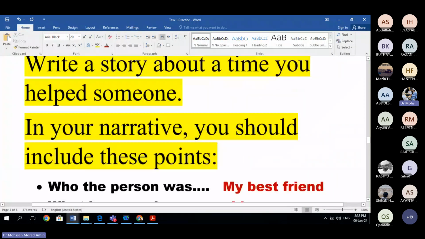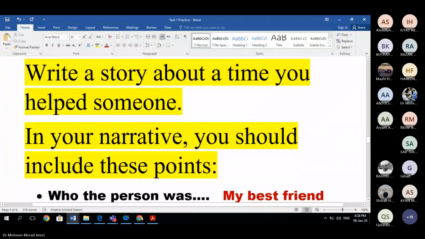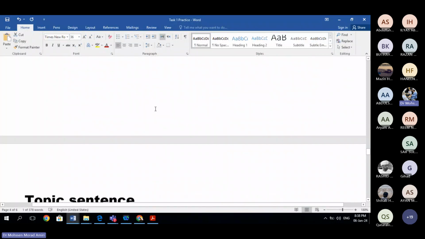So be careful. Don't say that I will write about the story of the time you helped someone. Don't make this mistake. They are asking you, I mean you. So here you need to be careful.